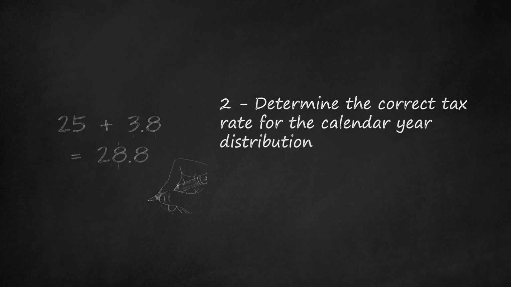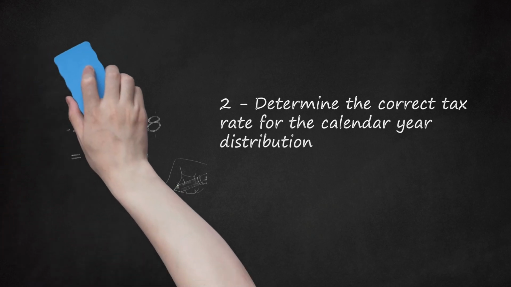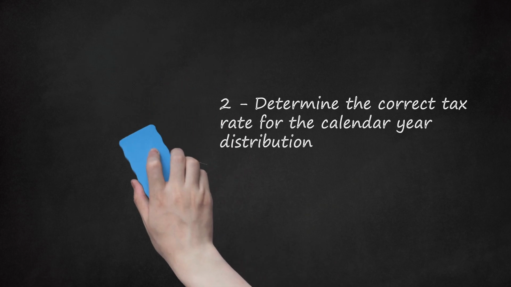Their highest marginal tax rate, according to the IRS, is 25%. Also, the interest on their investments is subject to the 3.8% Medicare tax. The total tax rate to be applied to their short-term capital gains and taxable interest is 28.8%, 25 plus 3.8 is equal to 28.8. For long-term capital gains and qualified dividends, their tax rate would be 15%.